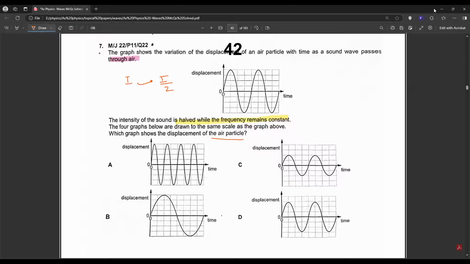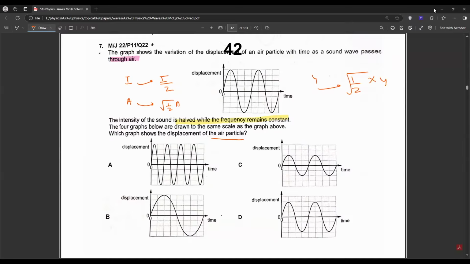If the intensity is being halved, what will happen to amplitude? Amplitude will become 1 over under root 2 times a. What is the amplitude currently? 4. What will the amplitude become now? 1 over under root 2 into 4. The amplitude is initially 4. Now it will become 1 over under root 2 into 4.